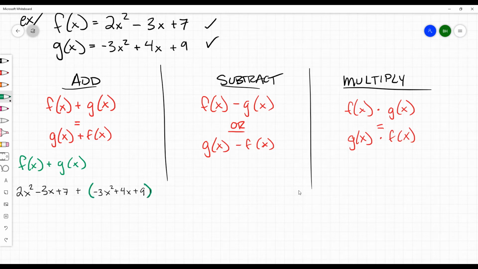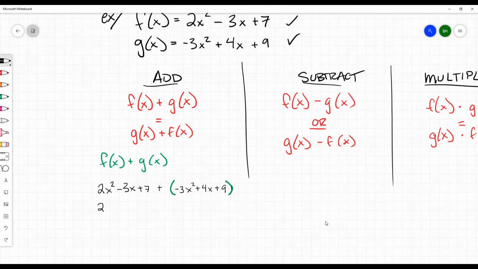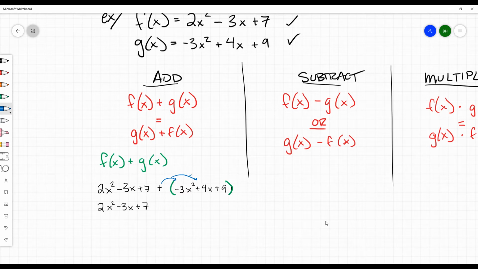And you'll see why I like to put that set of parentheses only around the second value once we get to subtraction. Okay, because then the first step that I want us to accomplish here is actually starting to be able to simplify this. And so we'll have 2x squared minus 3x plus 7. Then now we need to do this fun activity of distribution. Now, distribution won't be that difficult here because it's an addition sign, so everything will stay the same.